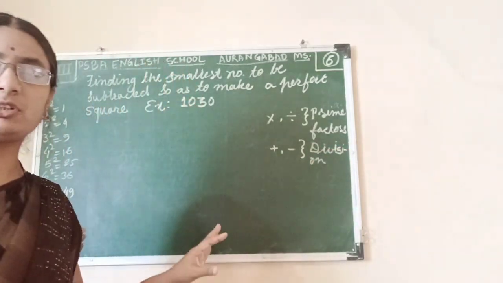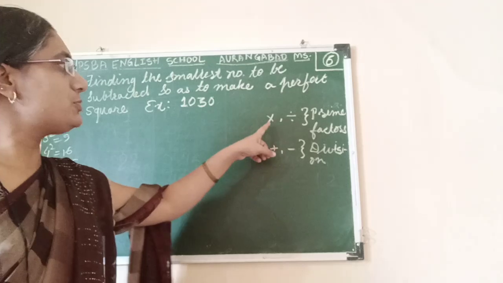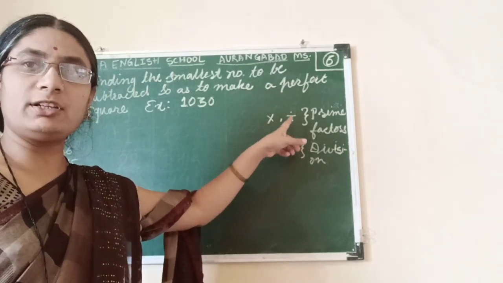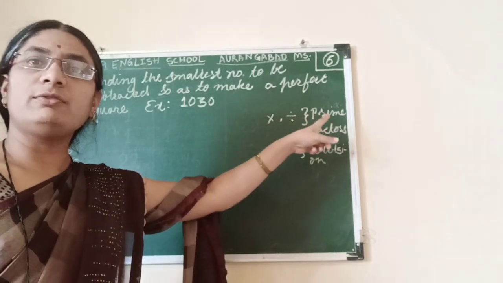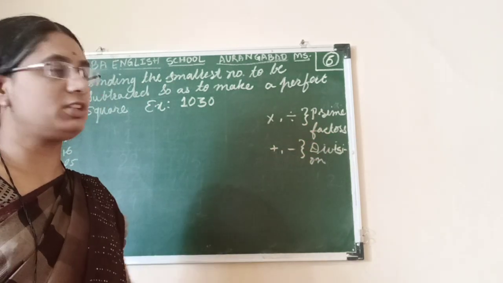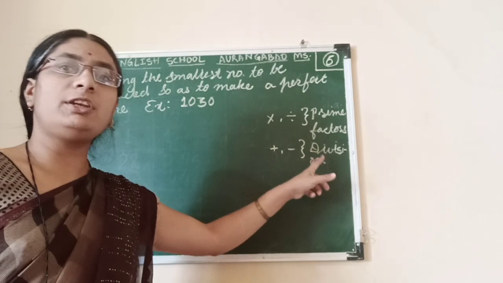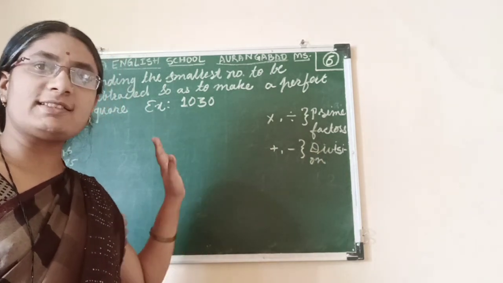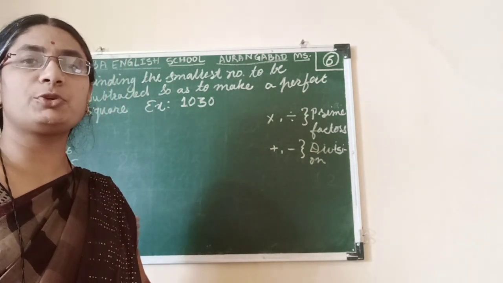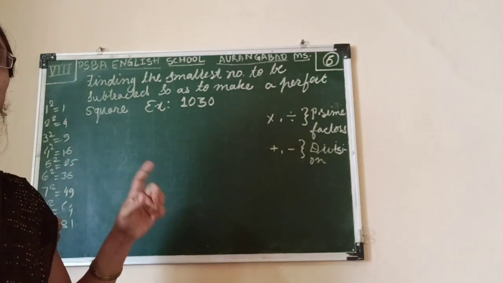So please remember this thing, that whenever we want to find the number to be multiplied and divided, we need to use the prime factorization method. And when we want to find out the number to be added or subtracted, we need to use the division method. So as here the question is find the smallest number to be subtracted, we will be using division method.